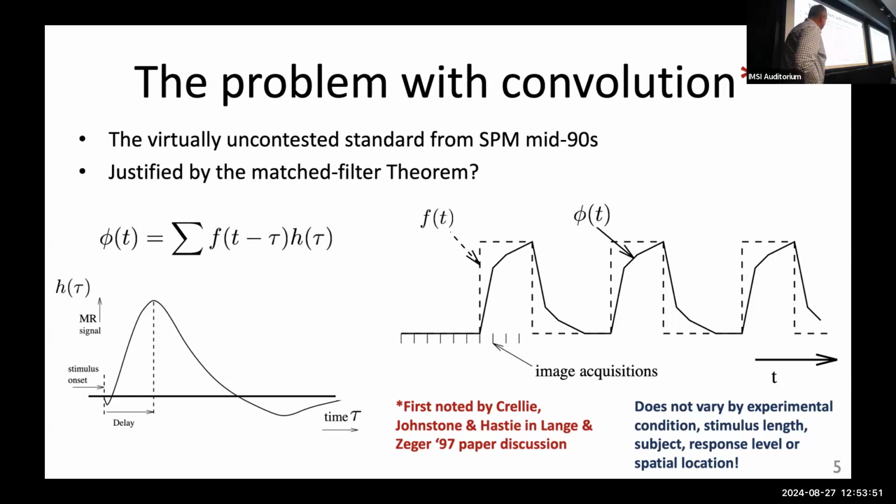So what's wrong with the convolution? Here's your typical hemodynamic response function. And I should say, when I'm talking about biology, I'm not a biologist, so it's pretty wishy-washy, so don't hold me to everything I say. But we have the MR signal, you have a stimulus onset, you get supposedly an initial dip where the local oxygen is being used up.